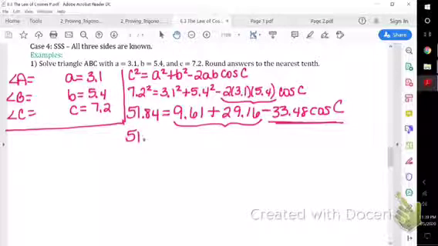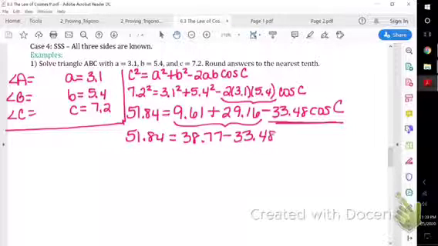So we've got 51.84 equals, when I added those two together, I get 38.77 minus the 33.48 cosine of angle C. I'm going to subtract this over.